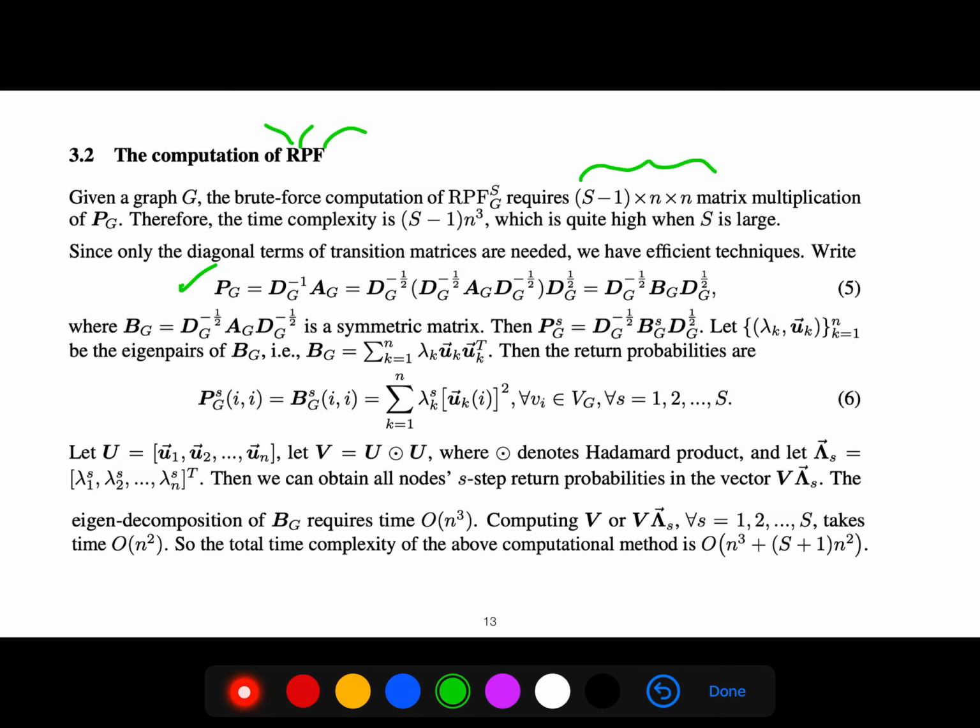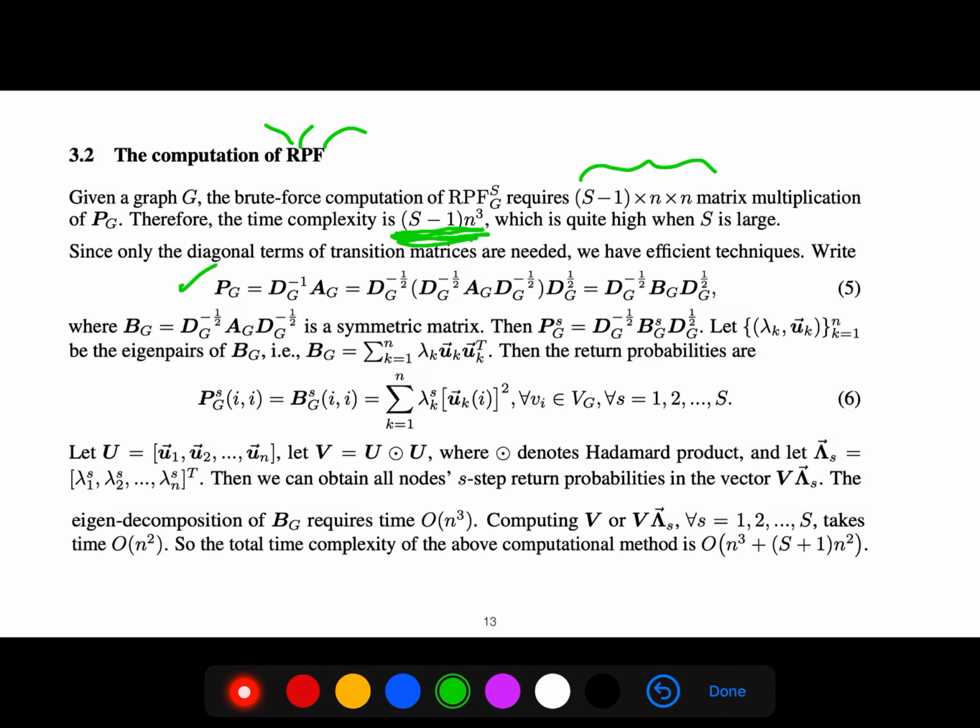So this is the time complexity of that, which is very high, especially when your S is huge. But since only the diagonal terms of the transition matrices are needed, we have efficient techniques.